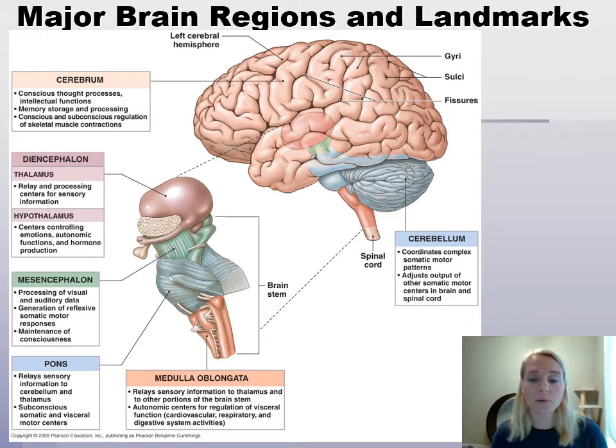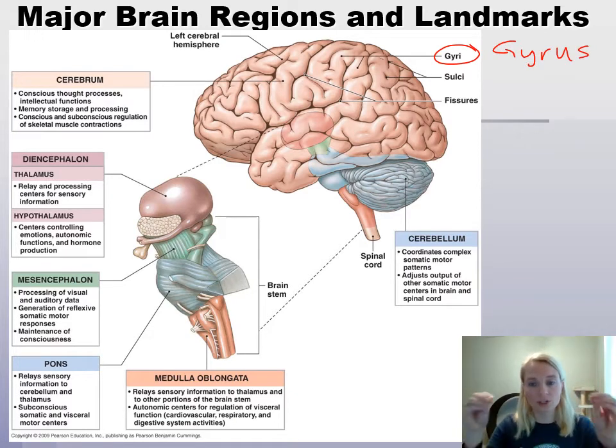A couple other things I wanted to point out in this diagram are some new vocabulary words associated with the structure of the brain. You might recognize that the brain is wrinkly. Those wrinkles have special names. They're called gyri, or gyrus for singular. So it's the ridges.